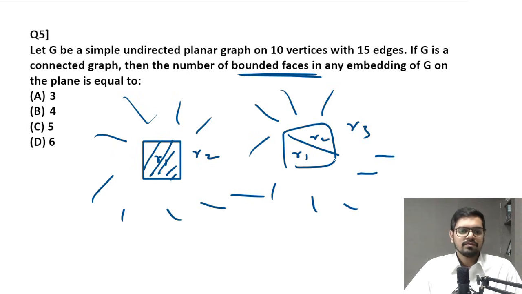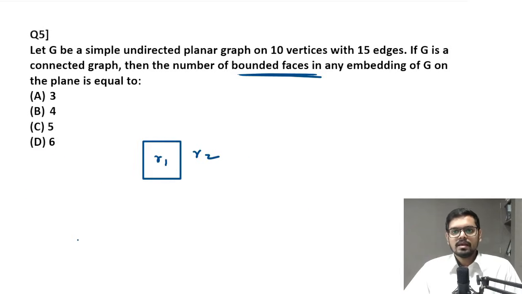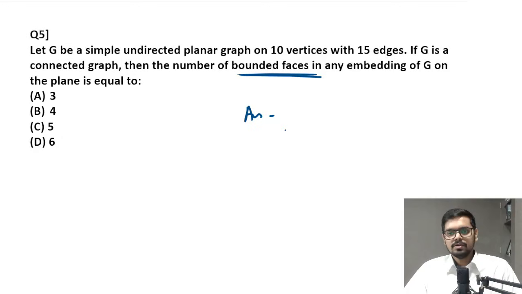You take any graph, you take this graph. Region 1, region 2, region 3, region 4. So region 4 is unbounded, other regions are bounded. So only one region is unbounded, that is the outside region. So if they are asking about the bounded regions, from the answer we will subtract 1. That's all we'll do.